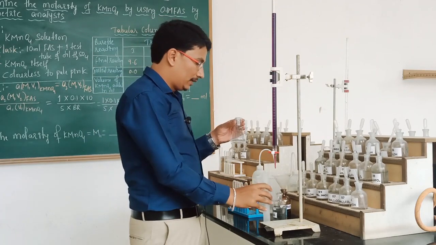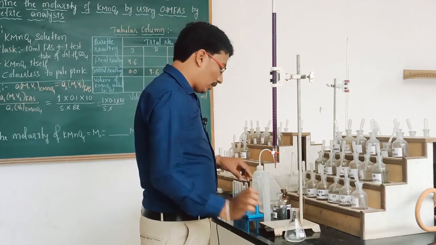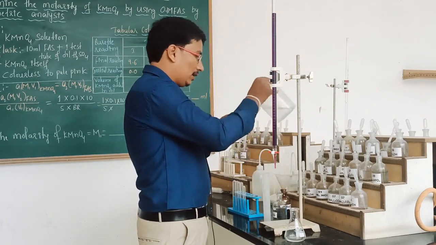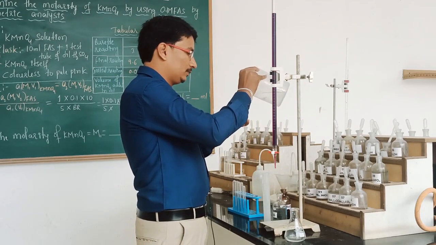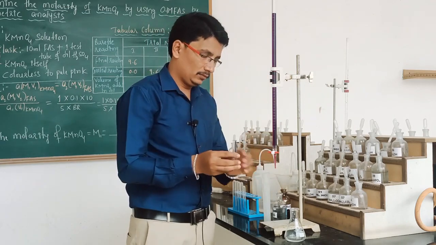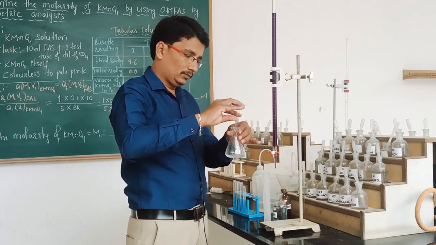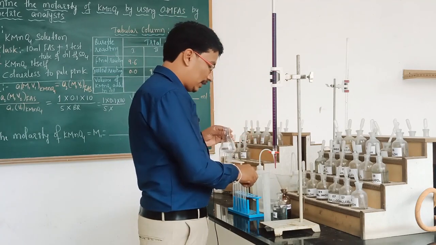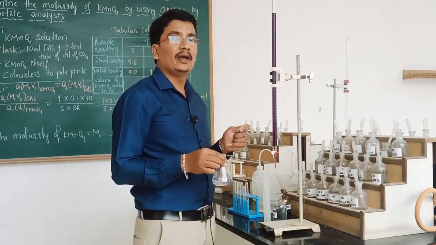To this 10 ml FAS solution, we have to add 1 test tube of dilute H2SO4. After that, we have to titrate against the KMnO4.